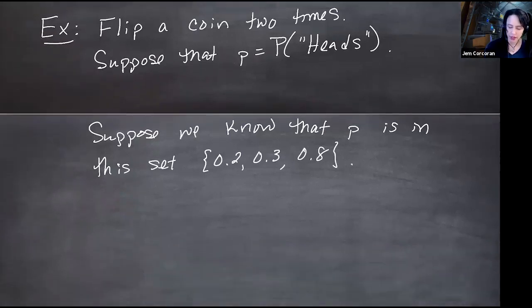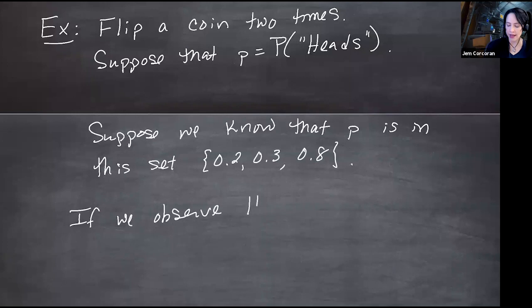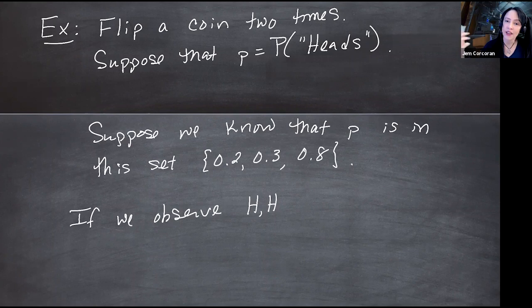Okay, so if we observe in our flips heads and then heads, it would seem that this is not strong evidence for anything. But if we had 5 flips and we observed heads, heads, heads, heads, heads, it is looking like the probability of getting heads is quite large.